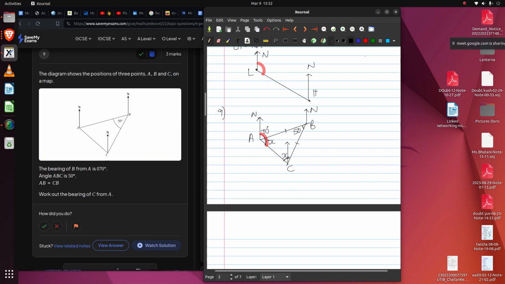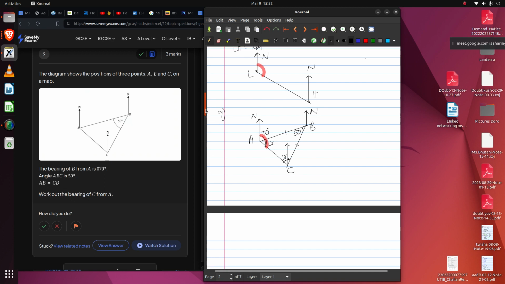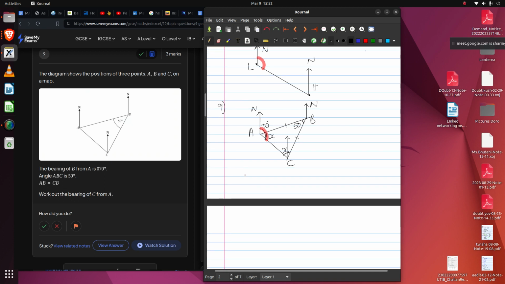Like we can do 180 minus 50. Yes. And then you divide by 2. Exactly. Good. So basically, you write an equation first like this. Correct. You write this first, and then you calculate x, right?